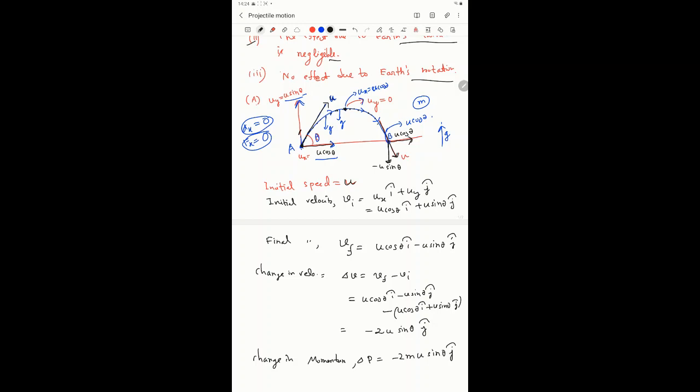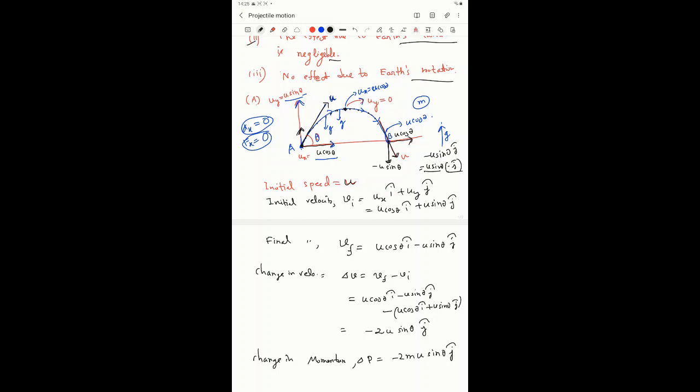At the start this velocity was in the positive y direction, but before falling to the ground, it will be in the negative y direction with the same value, that is, u sin theta becomes minus u sin theta. Or you can say u sin theta times minus j cap: the magnitude is u sin theta, but the direction is minus j cap, the negative y direction.